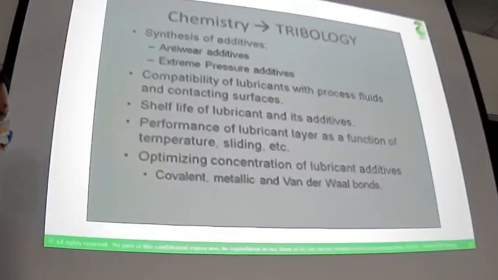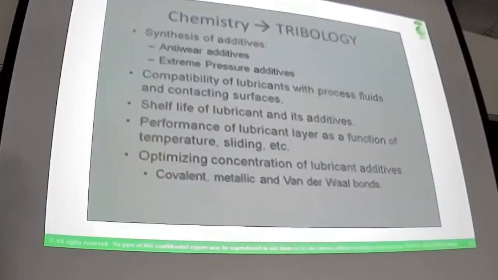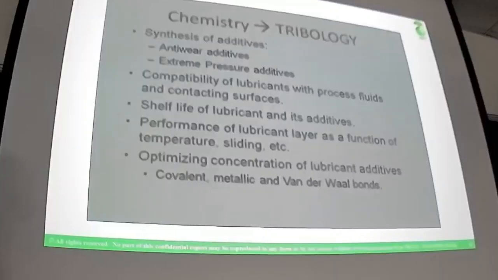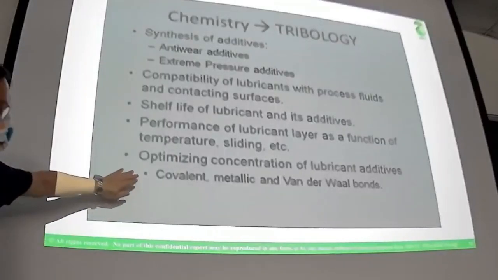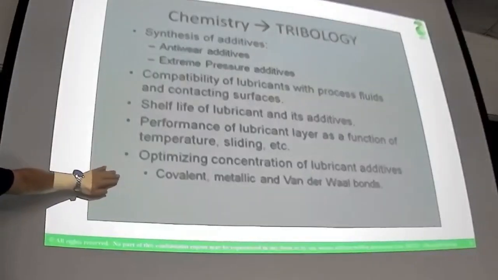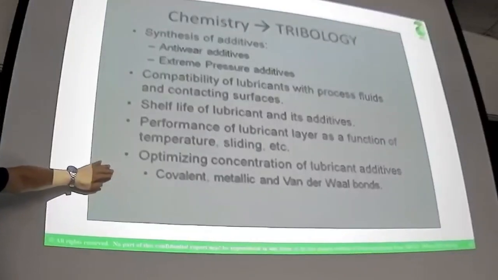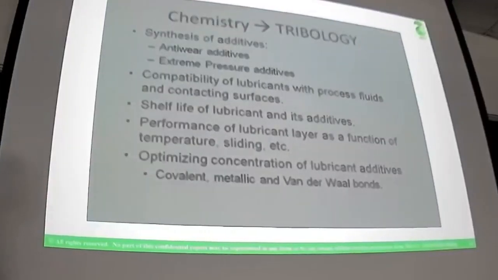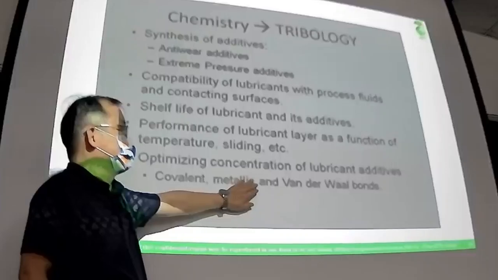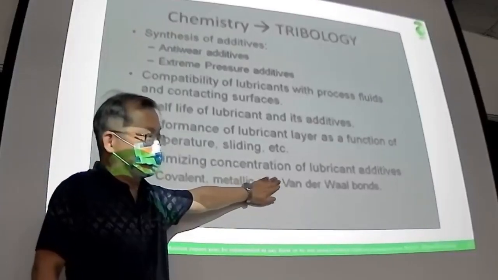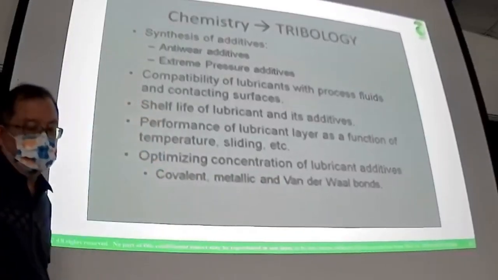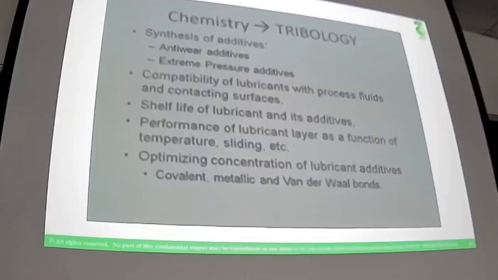Okay? And also we need to consider the bonding force in atomic scale, from your chemical elements. So, for instance, you have metallic and van der Waals bonds. So the bonding force between the atoms. Okay.